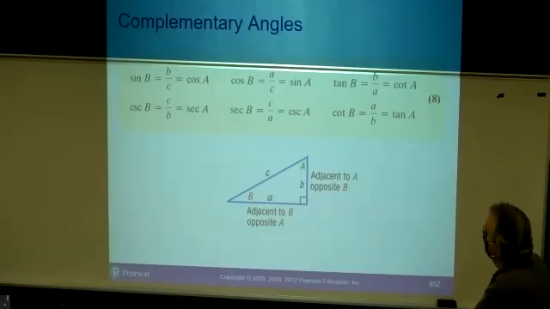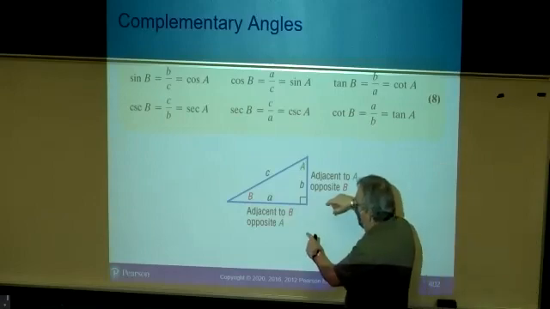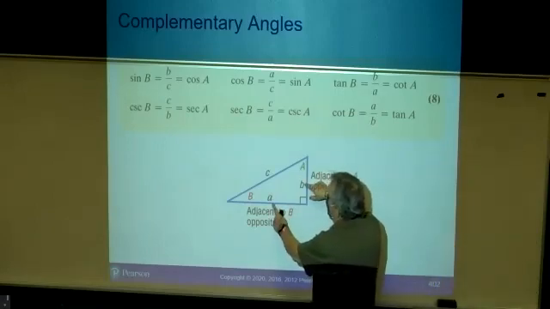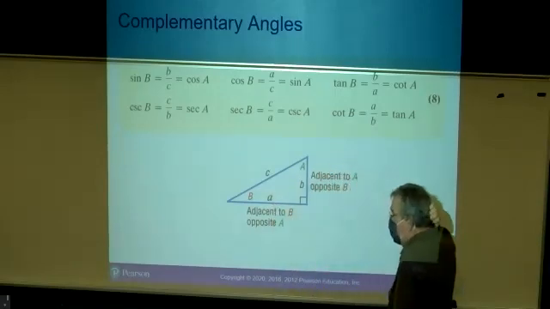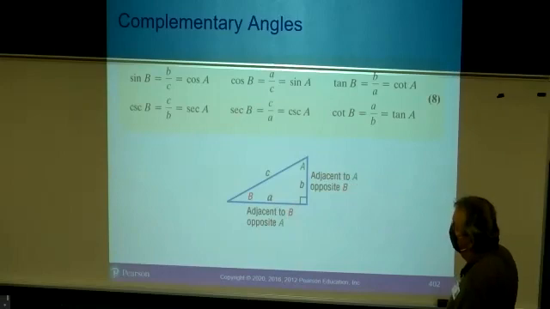And tangent and cotangent are going to have complementary angles. The tangent of B and the cotangent of A will be the same, and the cotangent of B and the tangent of A will be the same, because they're dealing with the same two numbers, A and B. The reciprocal functions have the same relationship that sine and cosine have.